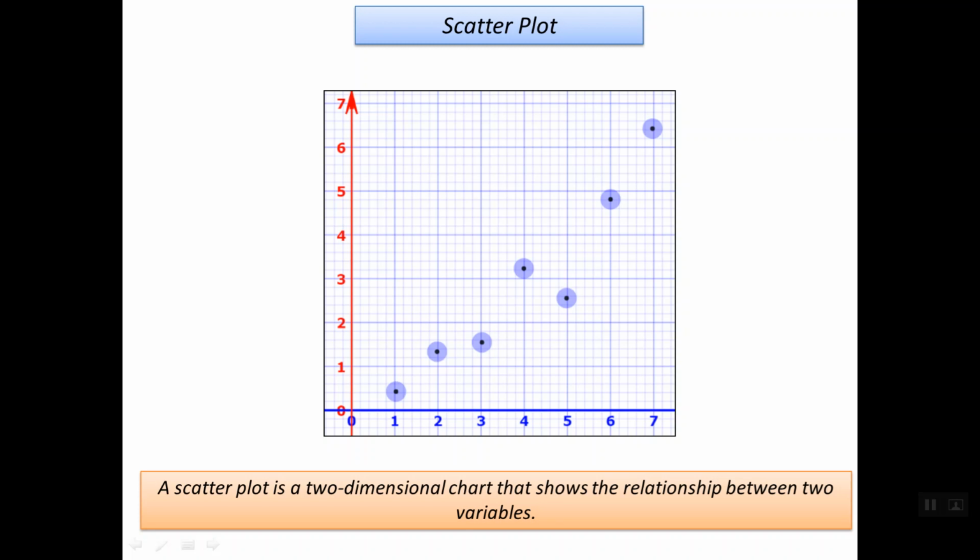So the scatter plot is simply a two-dimensional chart. Of course, we also have a three-dimensional chart for the scatter plot, and it shows the relationship between two variables.